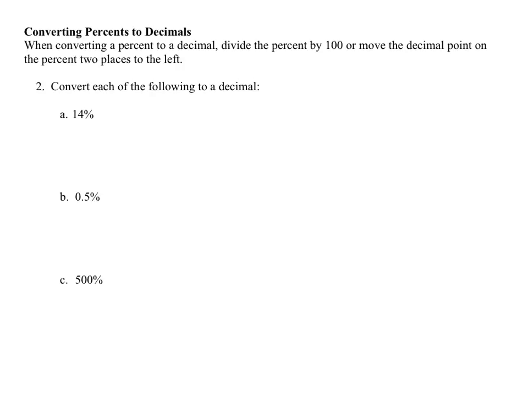Now, if you're going to convert the percent to a decimal, you're really going to divide it by 100, right? So that means move the decimal point to the left 2 places. So 14% becomes 14 hundredths. Now, 0.5%, well, you say, there's already a decimal in there. I know, but it has a percent symbol, so it's part of a percent.